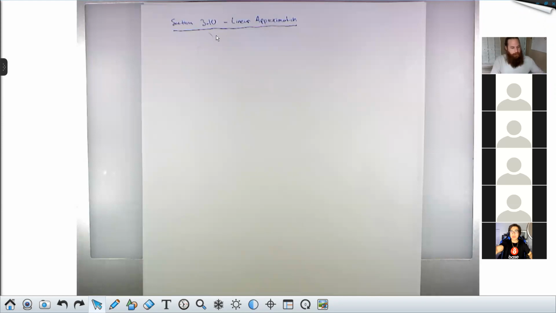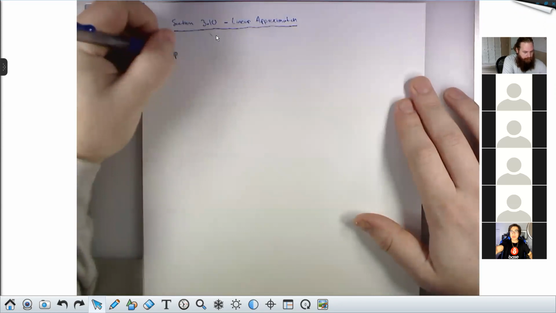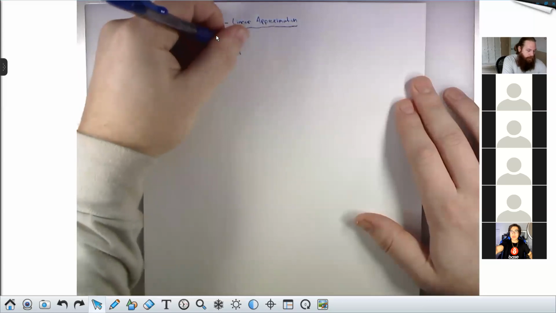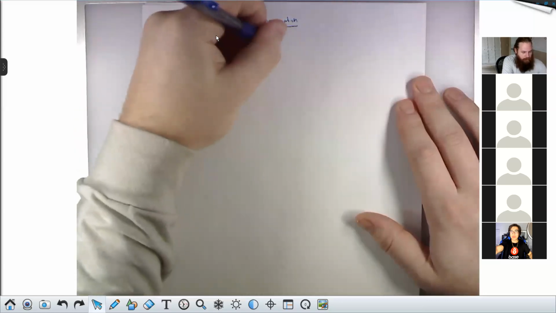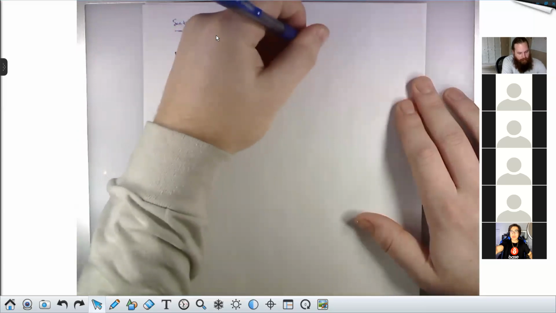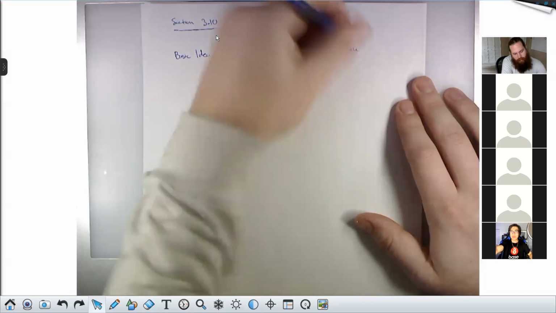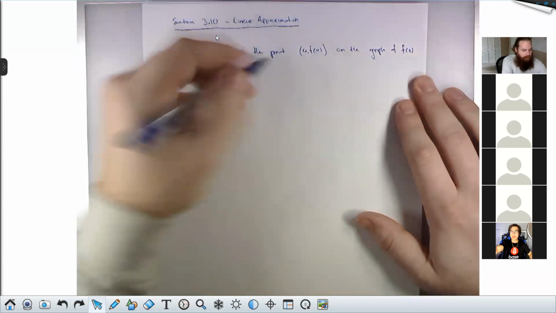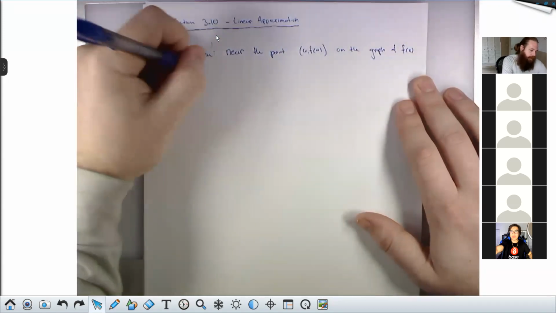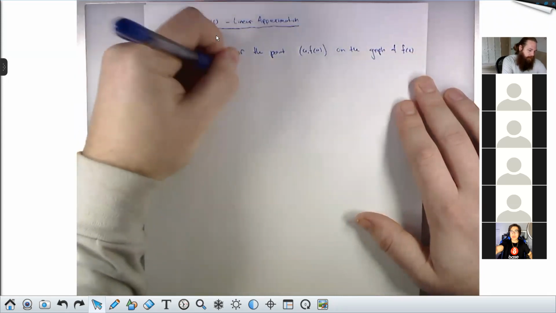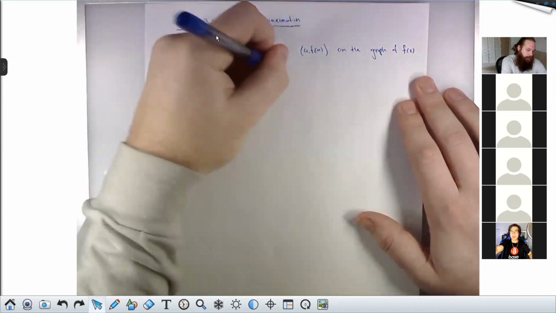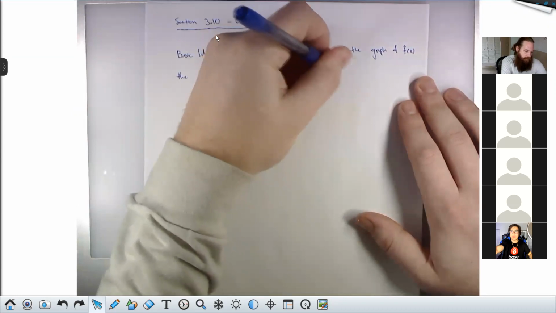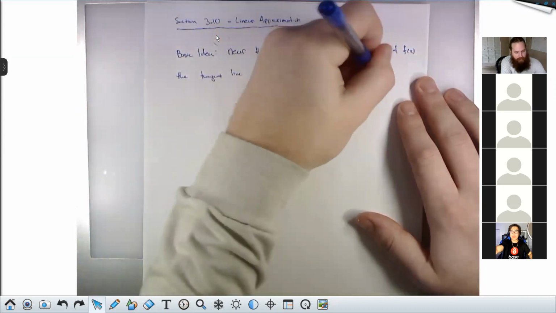So the basic idea is this. Near the point a comma f of a on the graph of the function f of x, as long as you stay close to that point, the tangent line is a good approximation for f of x itself.